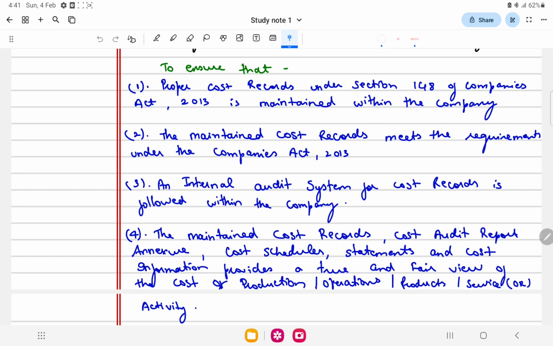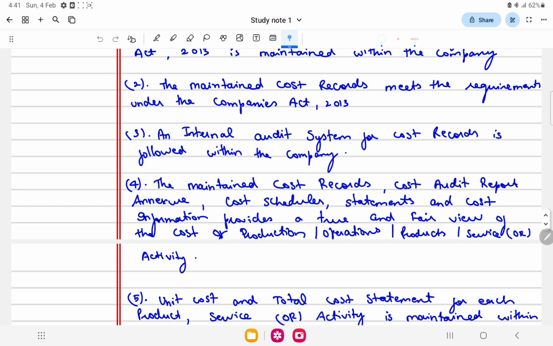Fourth one, to ensure that the maintained cost records, cost audit report, annexure, cost schedule, statements, and other information provide a true and fair view of the cost of production, operation, products, service, or activity. This has to be ensured.